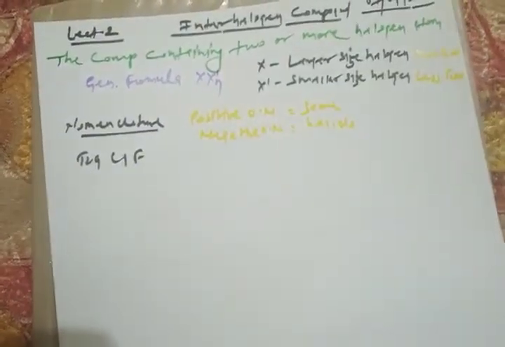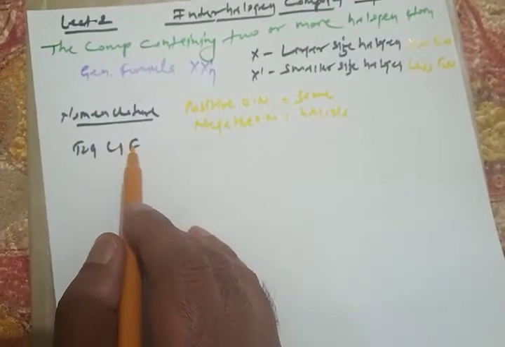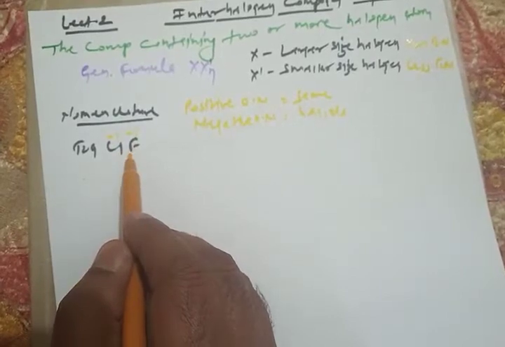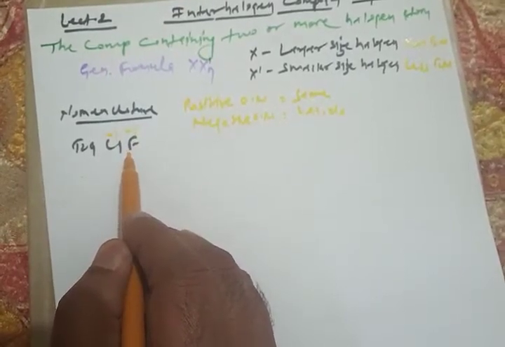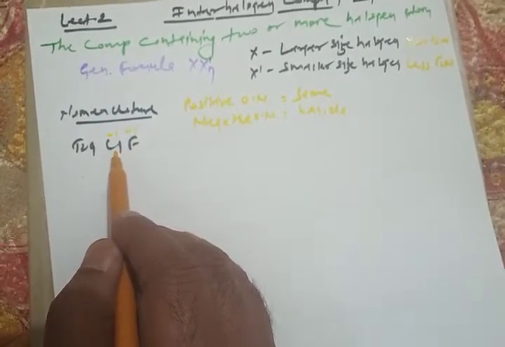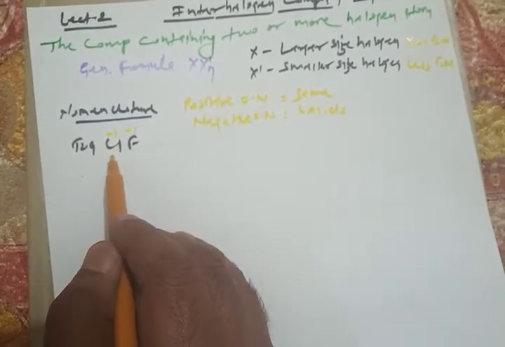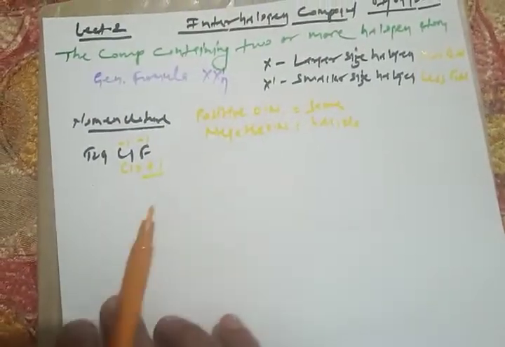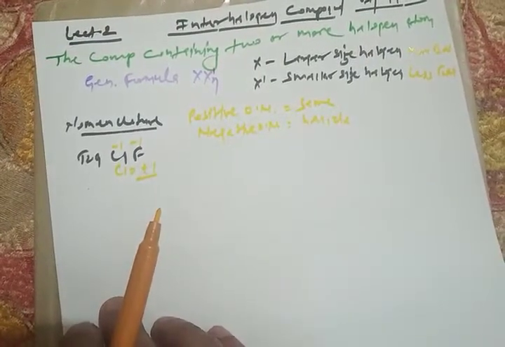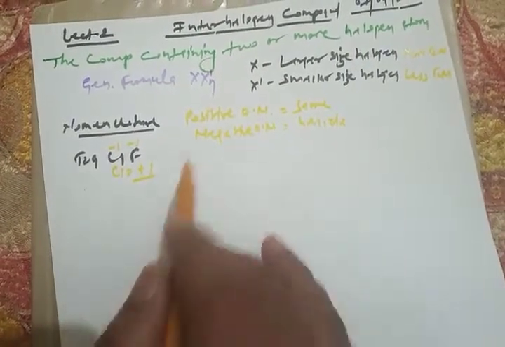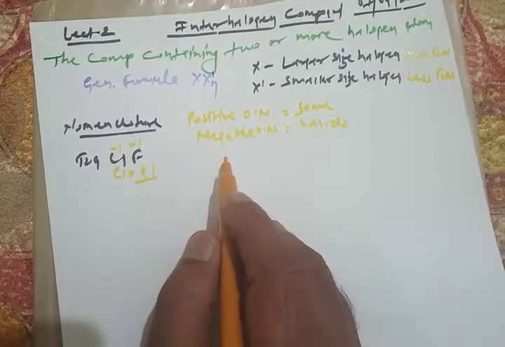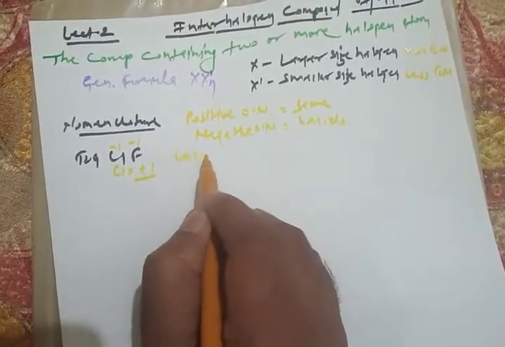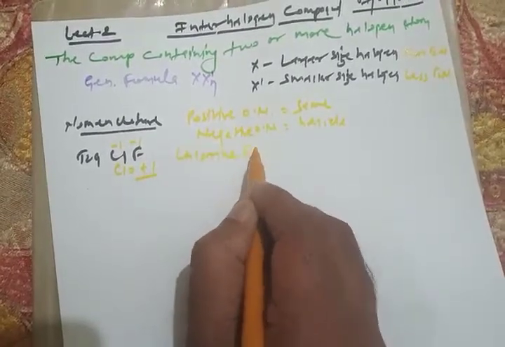If we calculate the oxidation number of chlorine compared to fluorine, fluorine is -1, but chlorine will be plus. So it has a positive oxidation number. Got it? So the name will be chlorine fluoride.